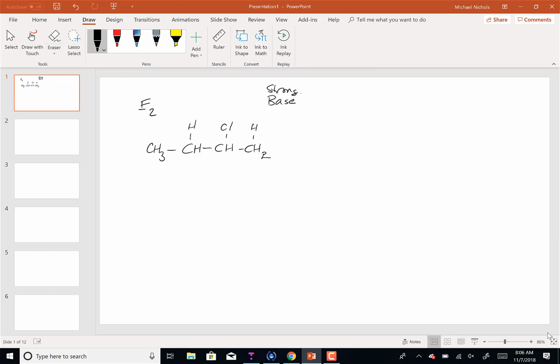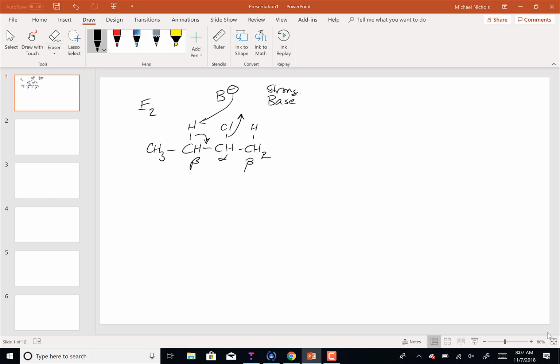So right now, let's just talk about it as base, B-. So B- comes in and it deprotonates a beta hydrogen. So that it comes in, grabs the beta hydrogen, the pair of electrons moves, and the chlorine leaves.